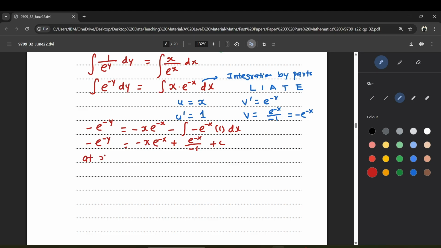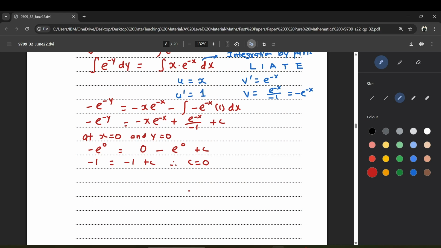So at x equals 0 and y equals 0, this is minus e to the power 0 equals 0 because x becomes 0. So this whole expression becomes 0 minus e to the power 0 plus c. So this becomes minus 1 equals minus 1 plus c. Therefore c is equal to 0. So now your constant of integration becomes 0.